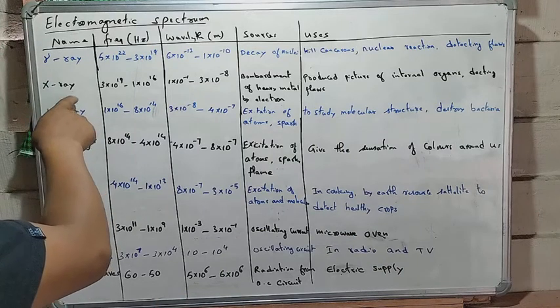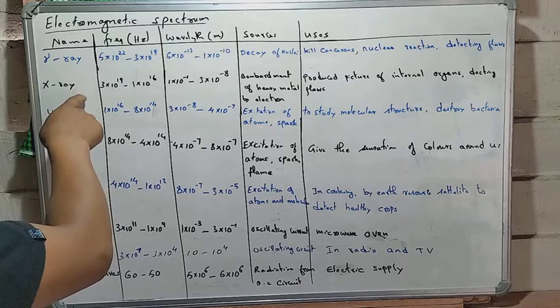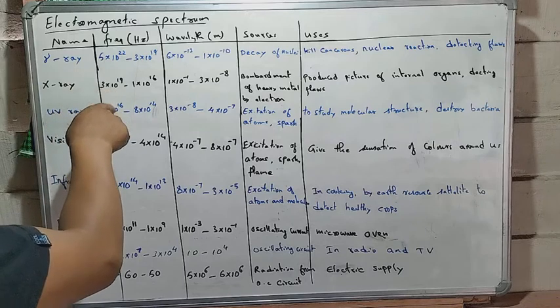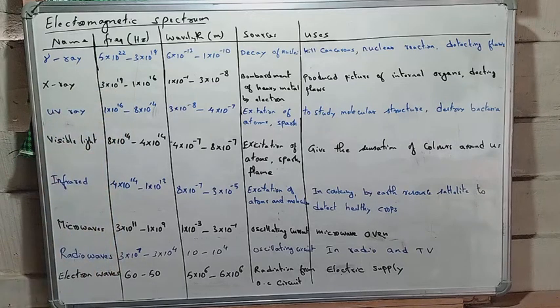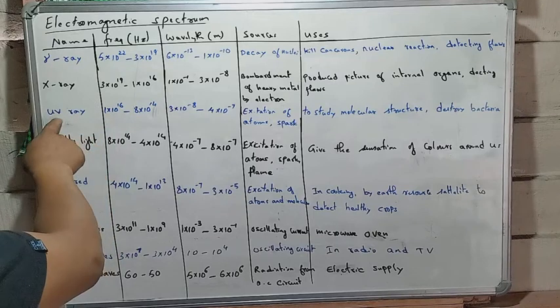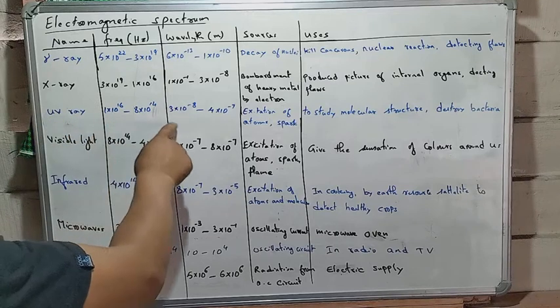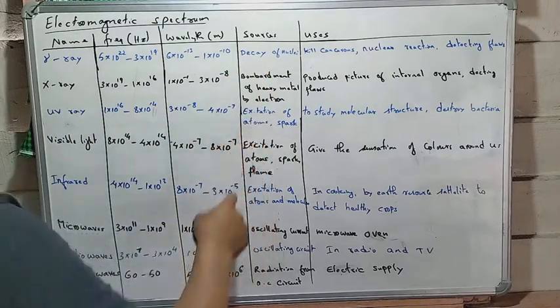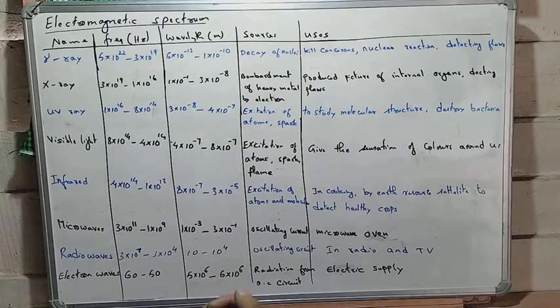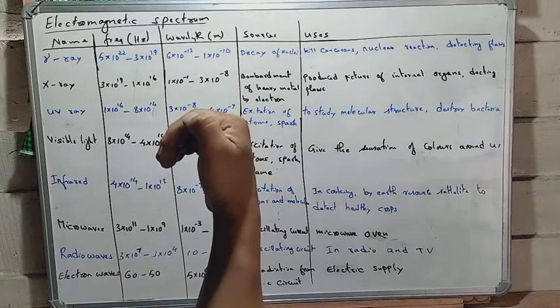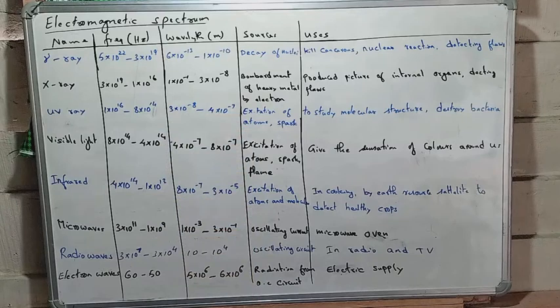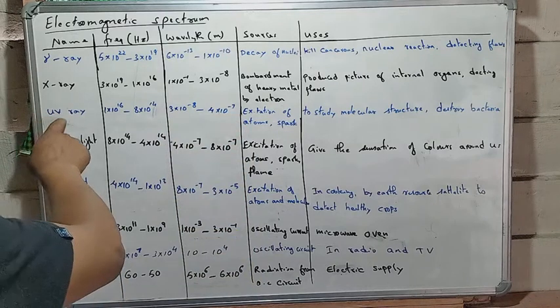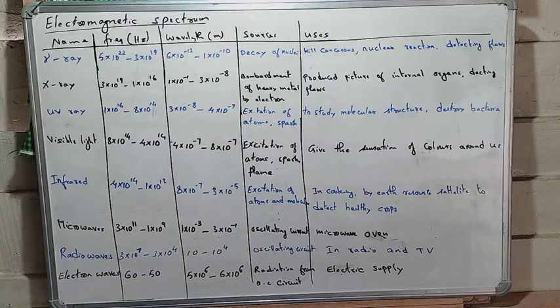The next electromagnetic wave, which has a slightly lower frequency than the X-ray, is the UV ray, ultraviolet ray. This ultraviolet ray has this frequency and this wavelength, and the source is the excitation of atoms. When an atom jumps from a lower orbit to a higher orbit, it emits a radiation, and that radiation is known as ultraviolet radiation.